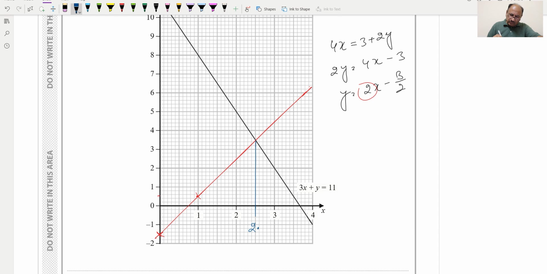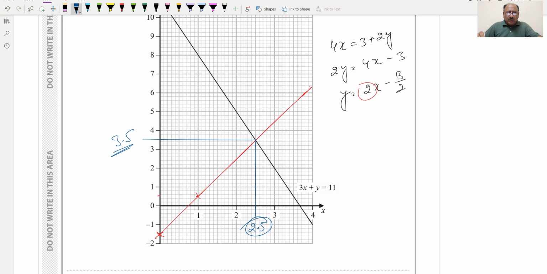This is 2.5 from here, and from this side we can estimate the value will be 3.3, basically 3 point, we can say it is like 3.5 roughly. This one is like 3.5. So we can find the values.